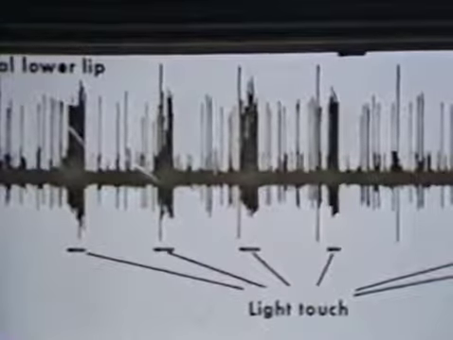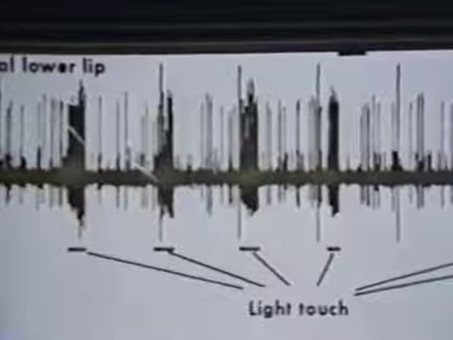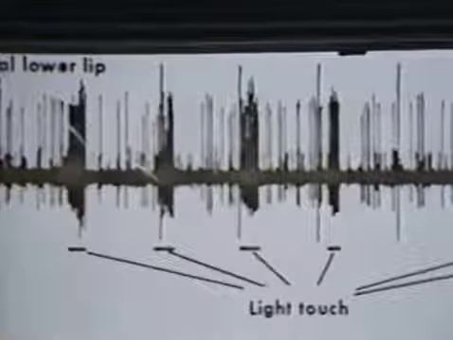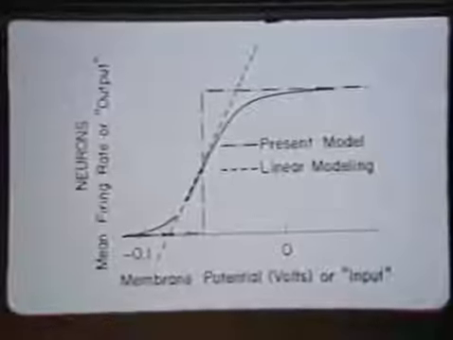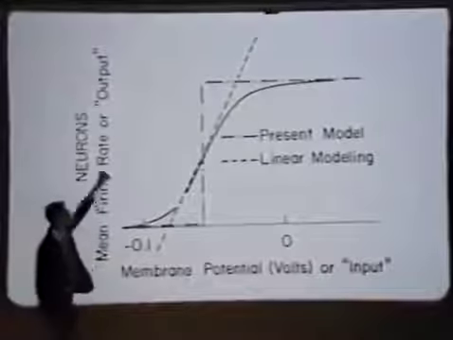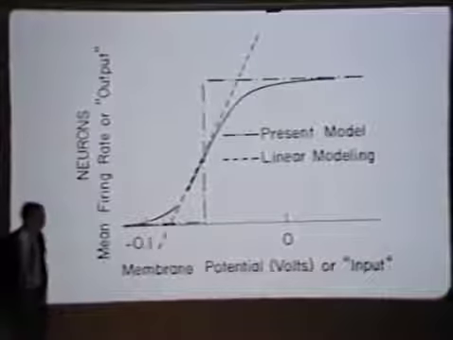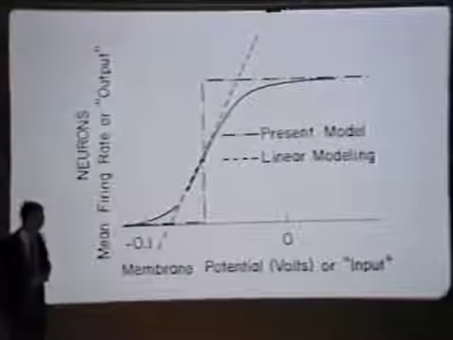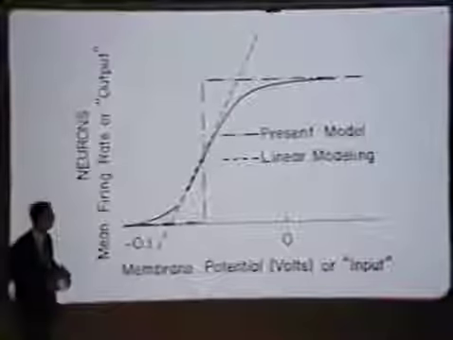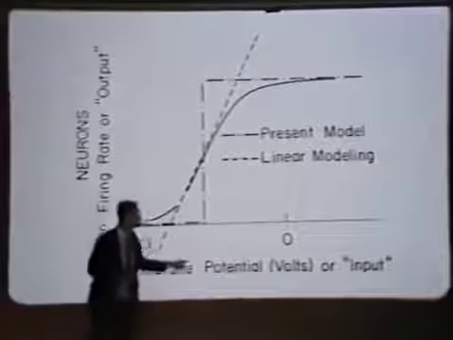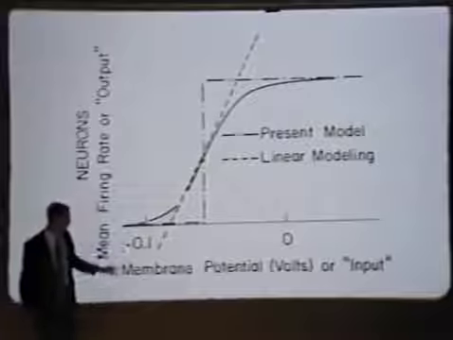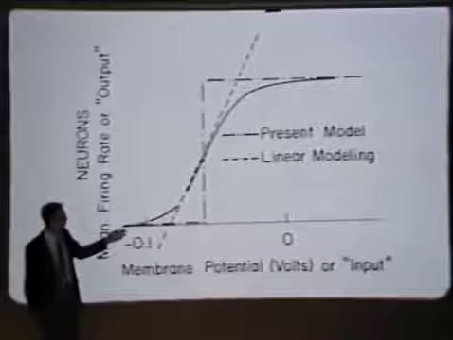For many purposes, you could try to approximate the kind of behavior that this represents by saying that a particular neuron has essentially an input-output relation, which might be described in the following way. You could take, along the y-axis, a short-term average firing rate, the average rate of spike production of the cell, as a measure of the output, and the potential that you're holding the membrane at, the mean potential, as the level of input.